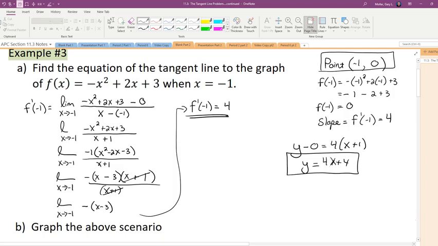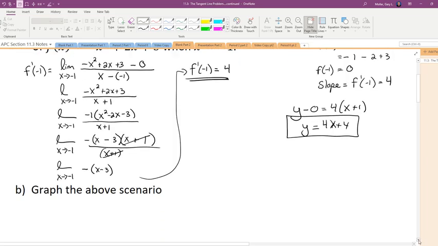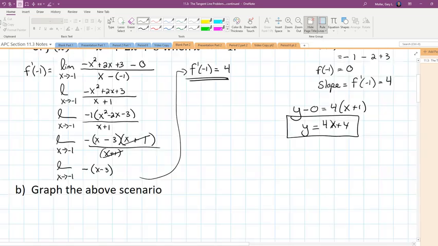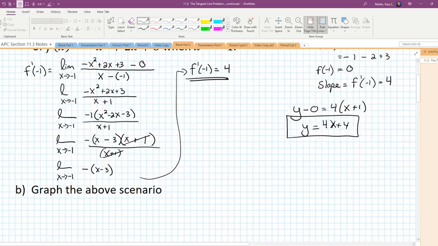Okay, now let's graph the above scenario. So let me turn the graph paper on. Let me get smaller paper. All right, so we're going to graph the function. And what are we graphing?